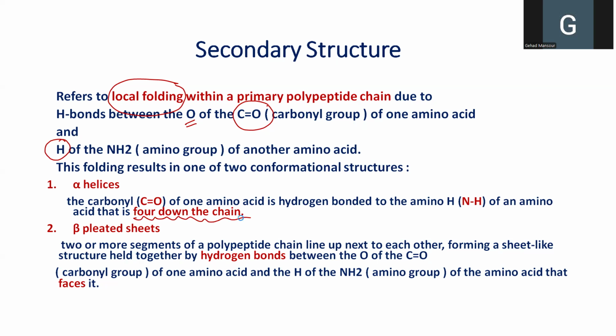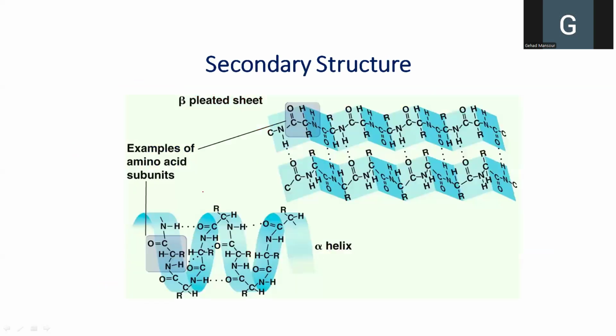That's why we are going to count again in order to see that this bond is between this hydrogen that is partially positive and this oxygen that is partially negative, and we have the hydrogen bond in between. So if this is the first carbon atom, then this one should be the 4th down the chain, and we will see how.